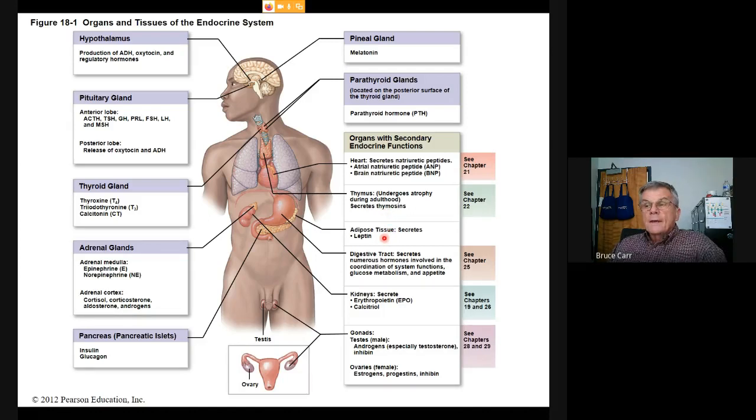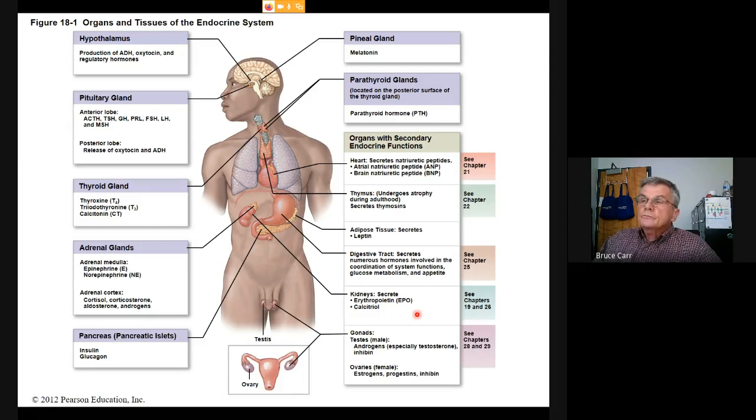Adipose tissue, leptin, is something that has a hormonal effect on digestion. The digestive tract does secrete a number of hormones that coordinate these system functions, things like glucose metabolism, affecting a behavioral trait, the perception of appetite, coordinating the activity of the piece of the digestive system where the food is passing through.